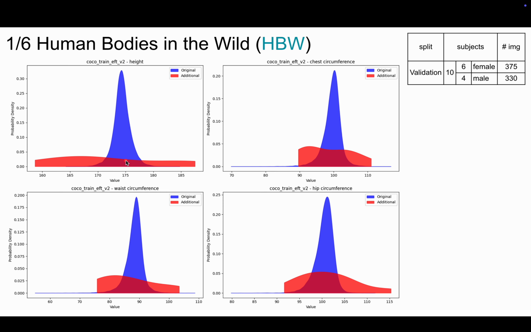So if we trained our model on 3D-PW and we would like to run inference on HBW, the model of course inherently didn't see data that has such a wide range of body measurement or in terms of BMI.